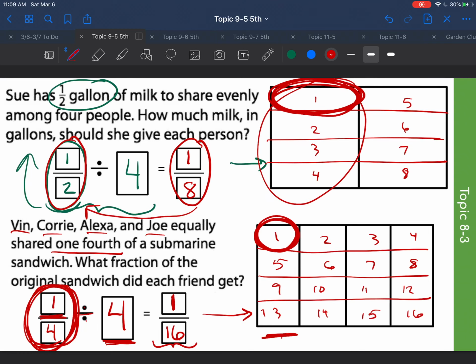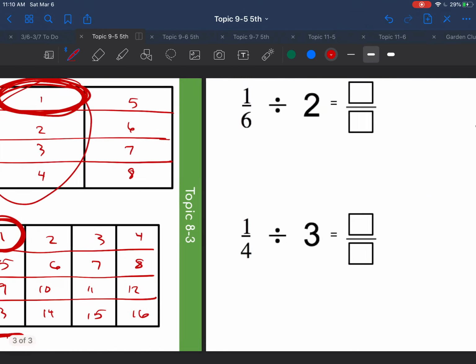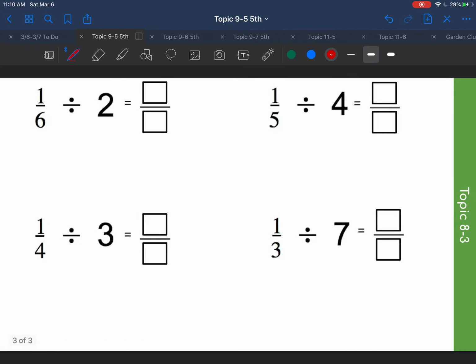So the 1 stays on the top, and the whole number becomes part of the denominator. Okay, so that's just a little pattern that I see, and we're going to talk more about that pattern tomorrow.